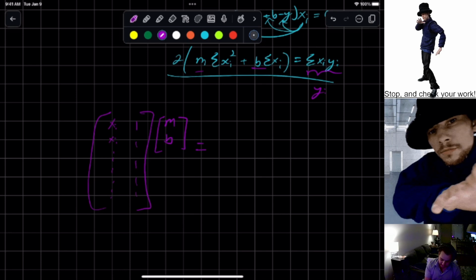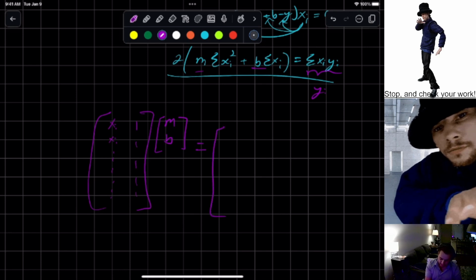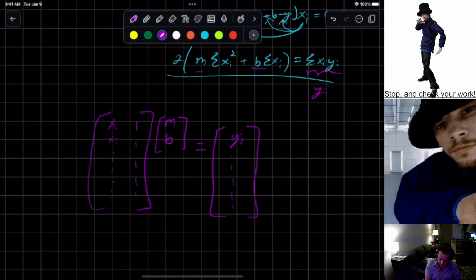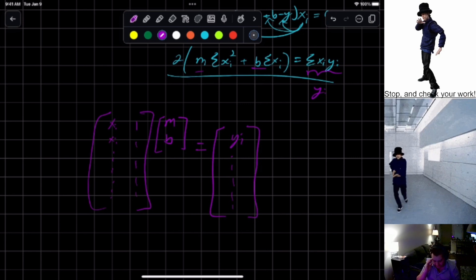And on the other side, we just have a column of yi, until we get to some arbitrary value where our data finally ends.